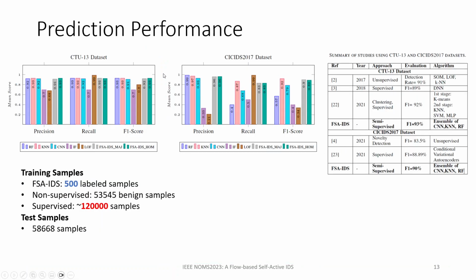Then we have the prediction performance. As you can see, the FSA-IDS majority and homogeneity are the last two, and they are initially trained with only 500 samples. But in the supervised setting, we trained the model with 100,000 to 120,000 samples. Still, we can get similar accuracy to the supervised learning.